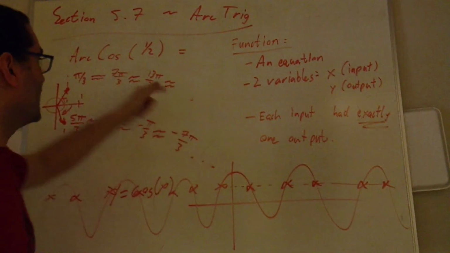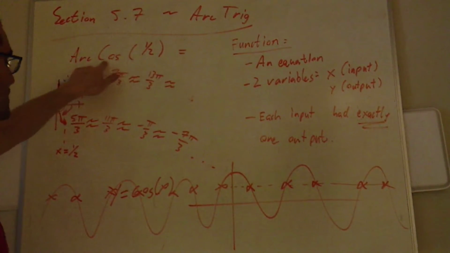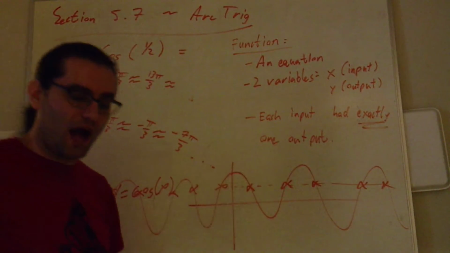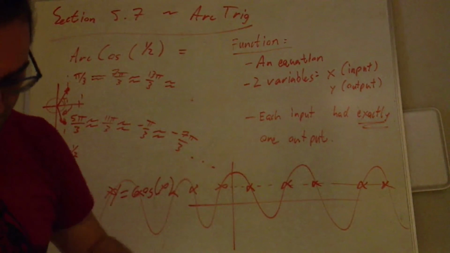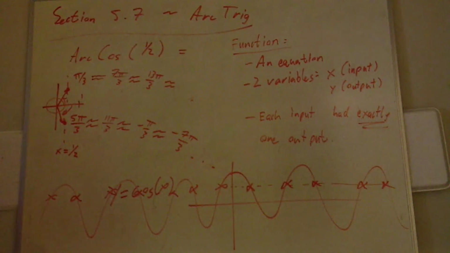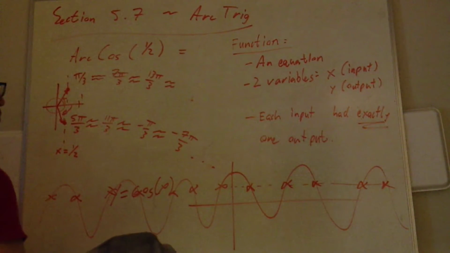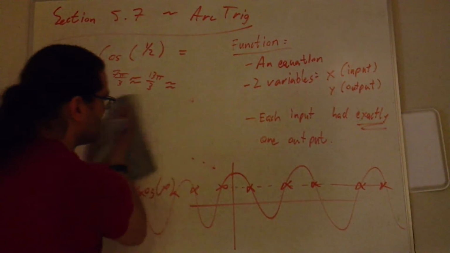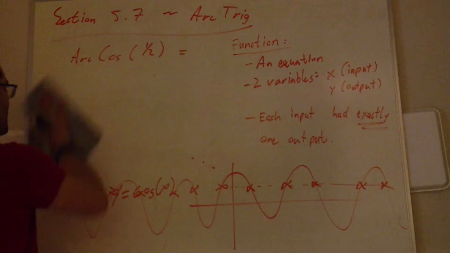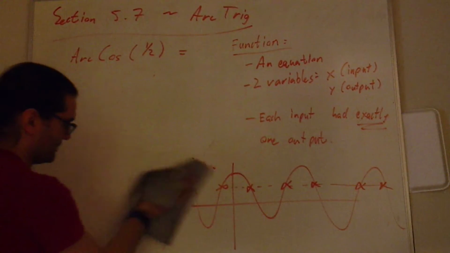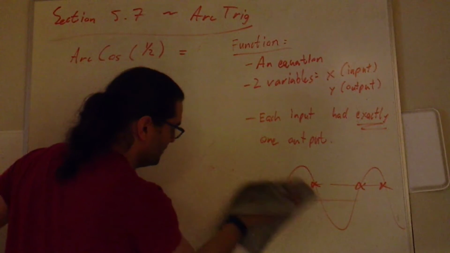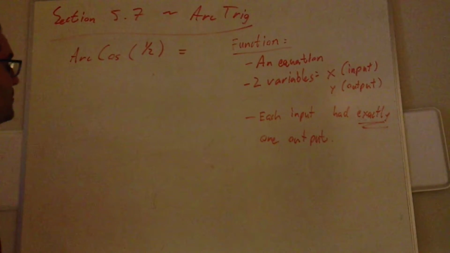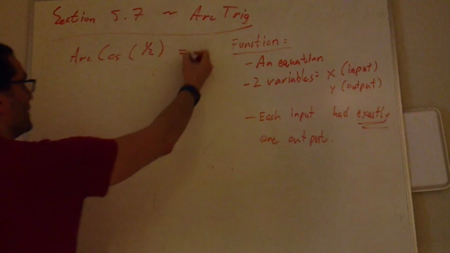If I'm just looking at an angle that produces this cosine value, there's infinitely many of them. I don't want that to happen. So what I need to do is create a range restriction on this thing. We've heard of domain restrictions before, and we're going to need to do that as well. But the more pressing concern right now is that we need a range restriction.